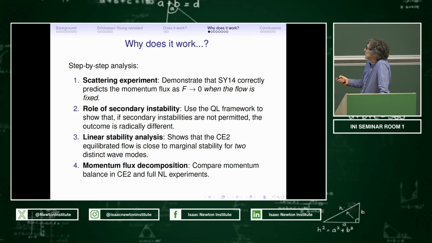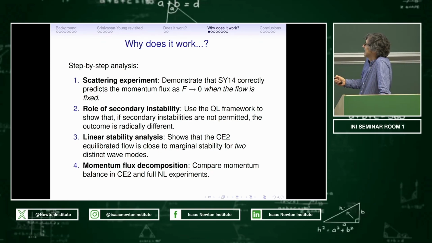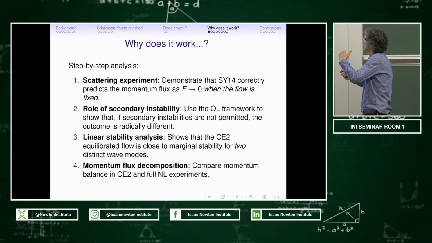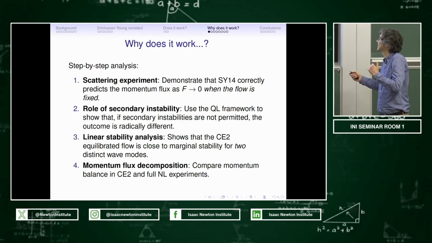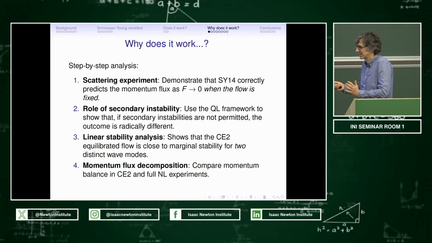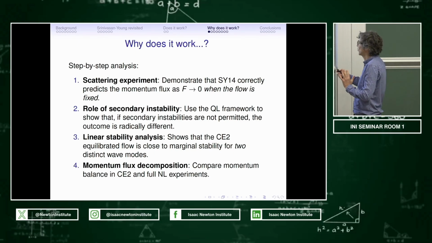The first one is just to show that Srinivasan-Young works in the right setting, and how we're going to do that is something called a scattering experiment, where we fix the flow and don't allow it to evolve in time, and then implement the stochastic forcing part of the model, and demonstrate that the Srinivasan-Young theory predicts the momentum flux when this parameter f, which is the ratio of scales of our forcing to the scale of the flow, goes to 0. So that's step 1: to show that Srinivasan-Young works in the right setting.